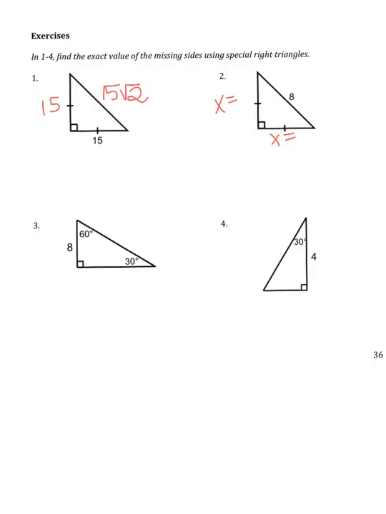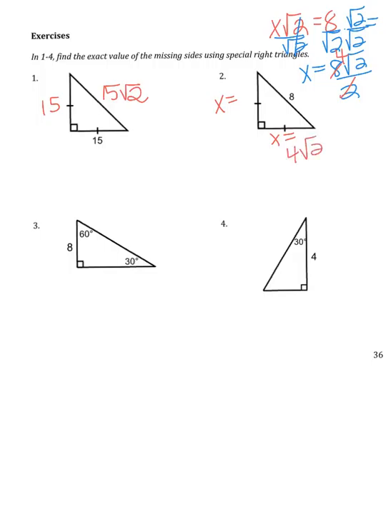So we know that x times the radical 2 is equal to the hypotenuse. I'm just going to solve this equation by dividing out a radical 2, rationalize the denominator, and get x is equal to 8 radical 2 divided by 2, and we know that 2 divides into 8 4 times. So my value for x is 4 radical 2.